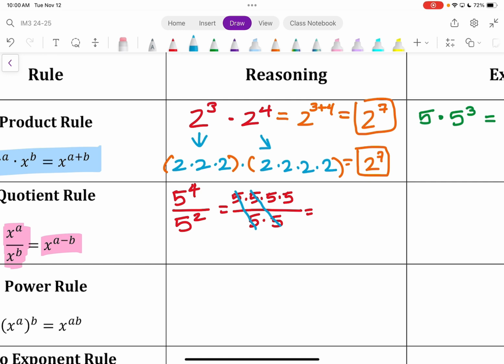So what am I left with? I'm left with 5 times 5, which I can rewrite as 5 squared.